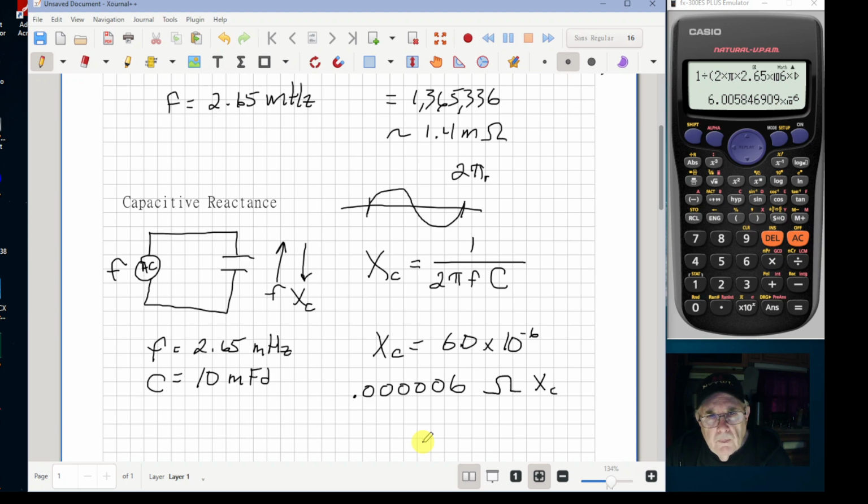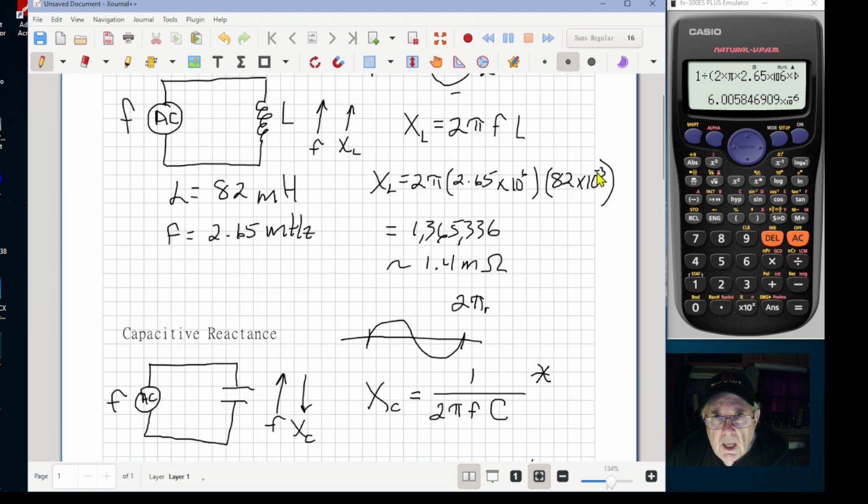So we see then that basically it's the opposite of an inductor, where the reactance is directly proportional to the increase or decrease in frequency. Here, as the frequency goes down, the reactance goes up, or as the frequency goes up, the reactance comes down.